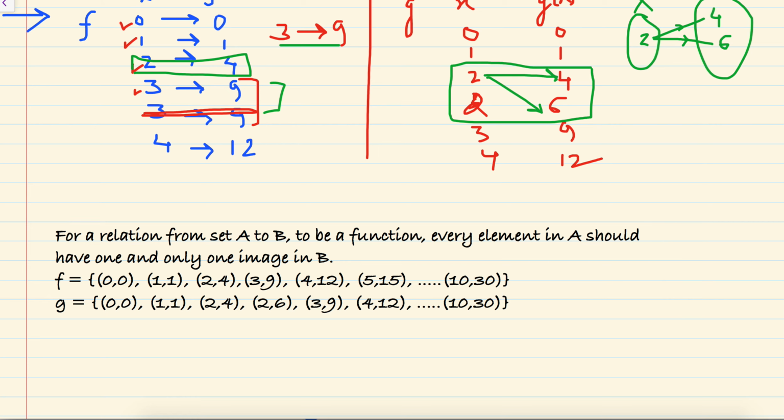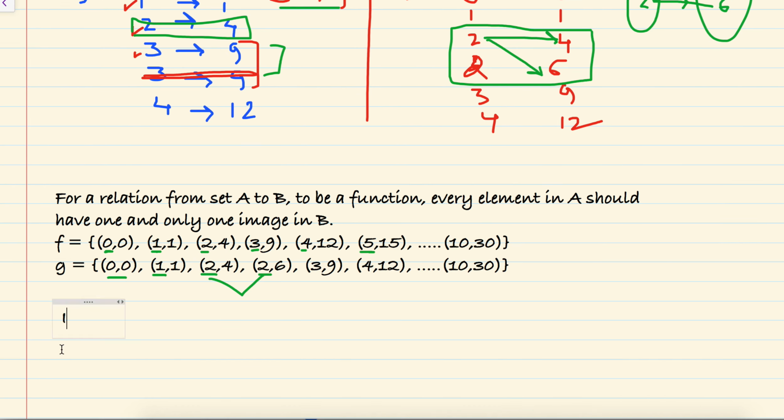So here the first element of each ordered pair is different. It cannot be repeated in two ordered pairs. So here 0, 1, 2, 3, 4, 5, all the first elements are distinct, but here we have 0, we have 1, we have 2, and again we have 2, so here 2 is repeated.